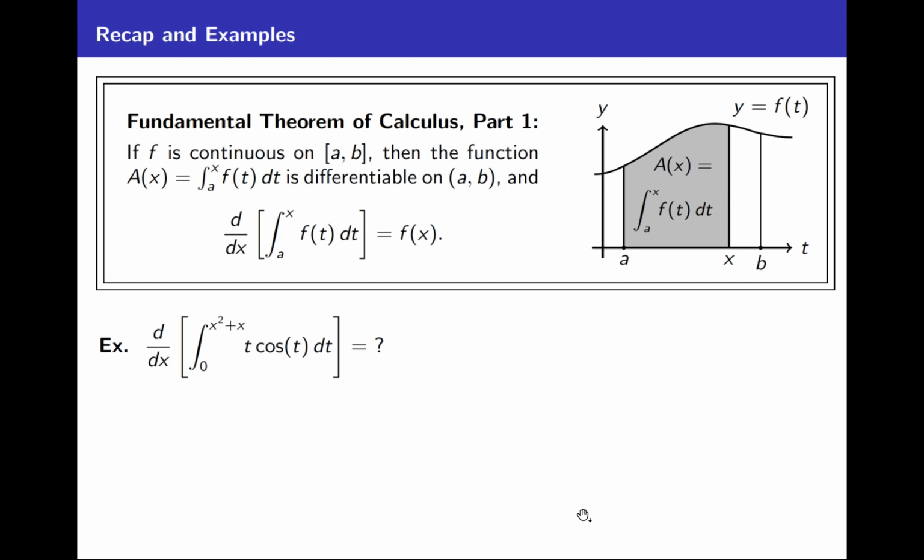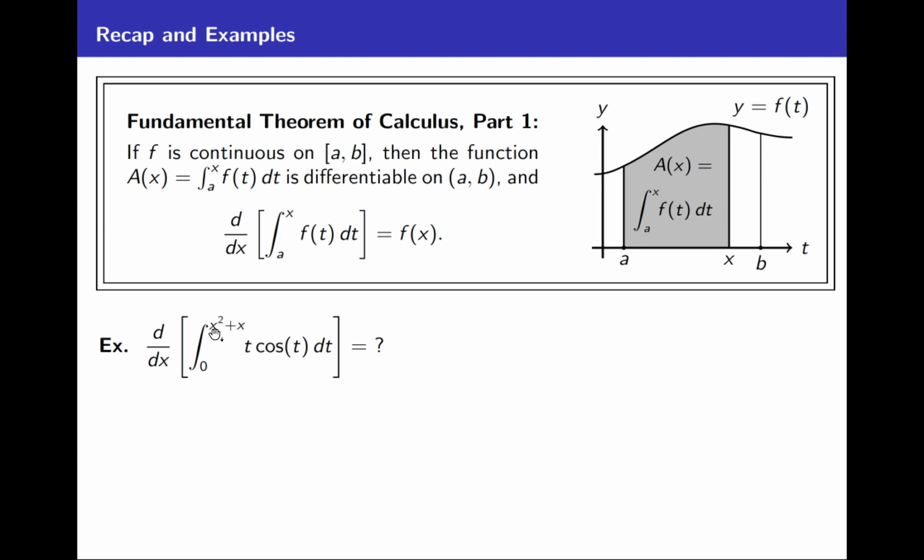Okay, here's another question. Suppose you wanted the derivative of the function integral 0 to x squared plus x, t cosine t dt. What would that be? Let me pause and point out that the expression we want to differentiate has a value that depends on what x is.